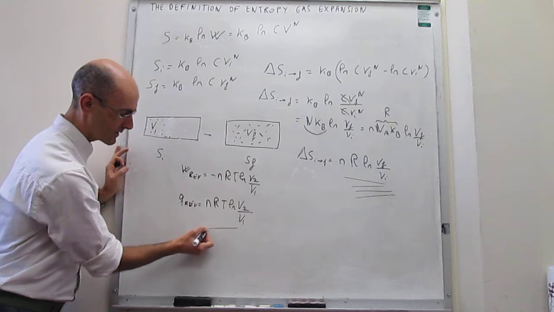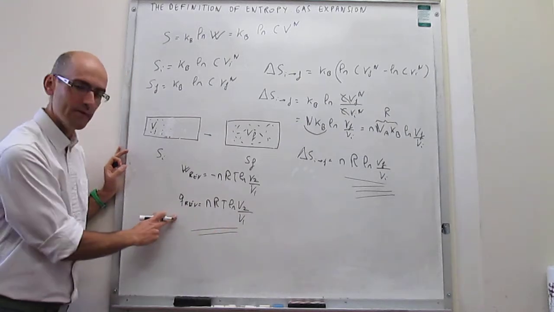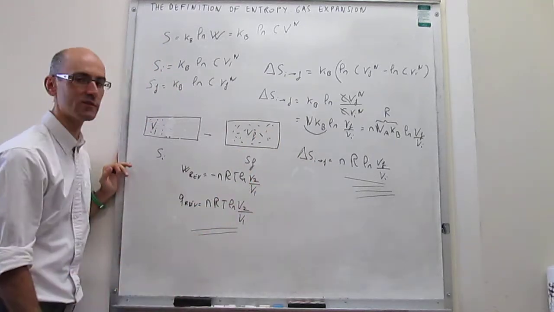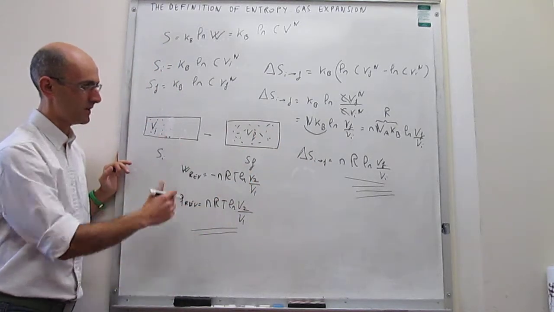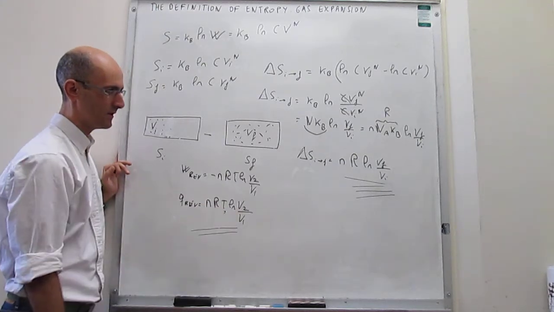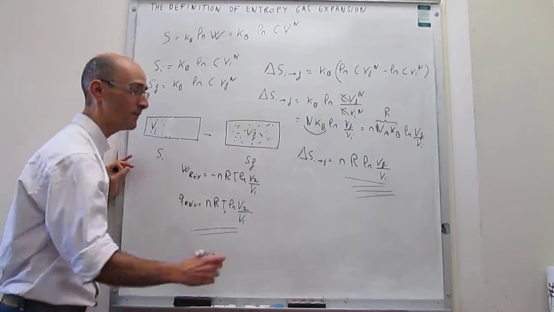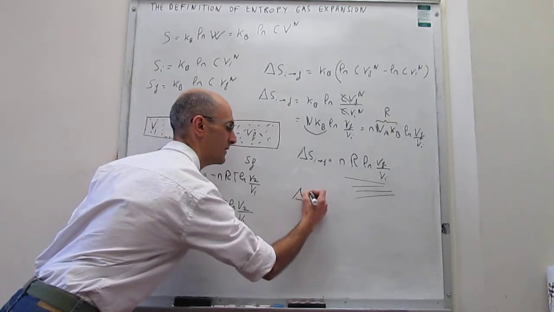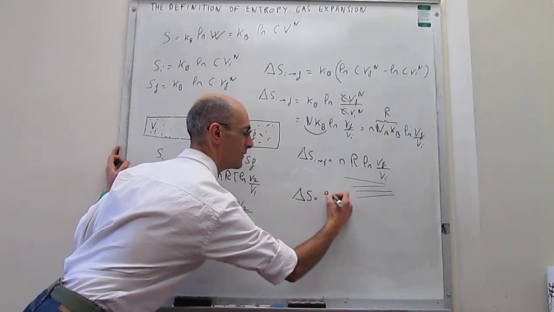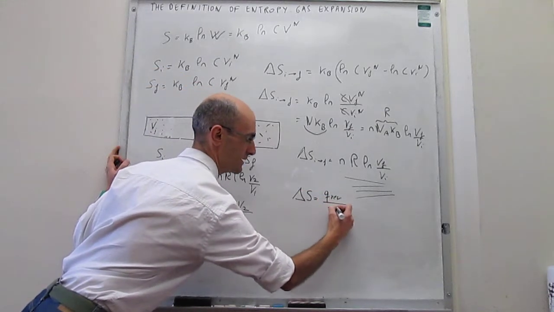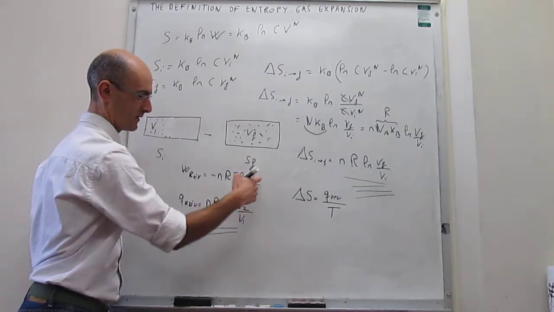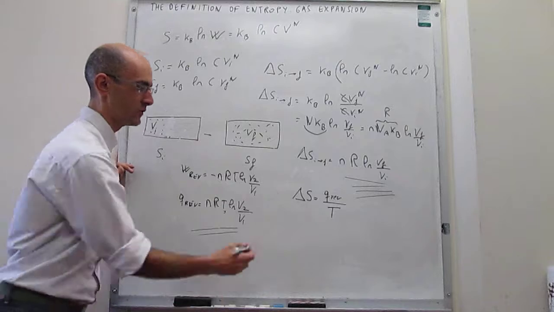Notice how similar the reversible heat is to the change in entropy in this gas expansion that we have just calculated. As a matter of fact, the only difference seems to be this temperature. So we can redefine this change in entropy as simply this Q rev over T. And when you think about these two things, that actually is what you expect.